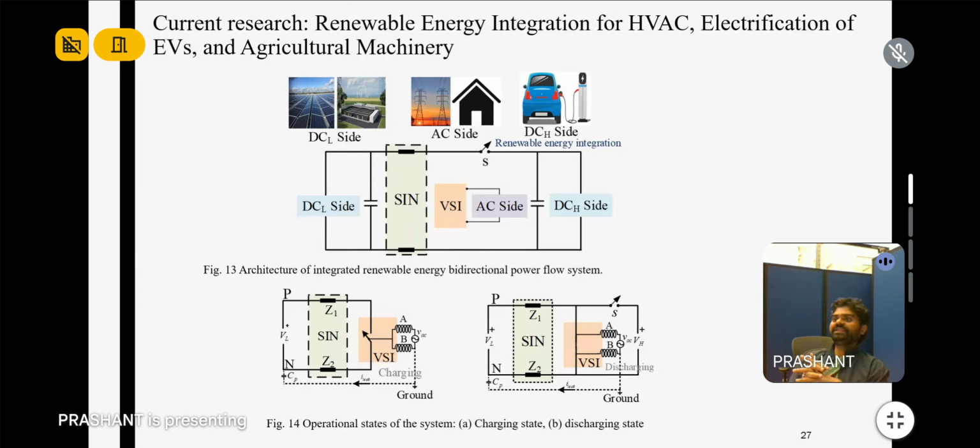Suppose we talk about any smart building. We have a smart building HVAC system, that is, a heating ventilation AC system. In HVAC systems, we need AC in our room, in our lab, and sometimes some zones require cold, chilled water.